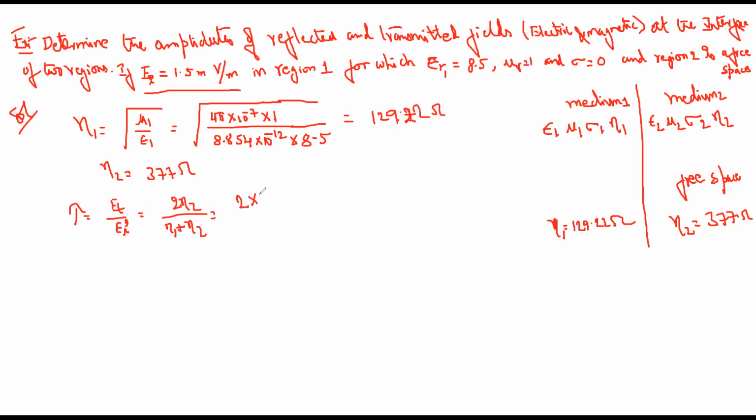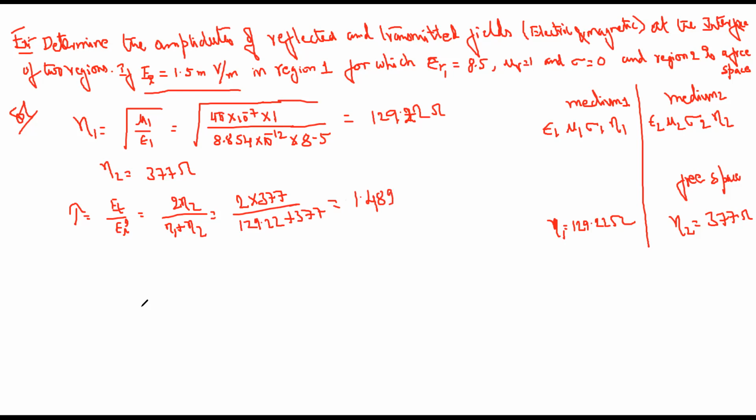That is 2 into 377 divided by 129.22 plus 377. Simplifying, the transmission coefficient is 1.489.